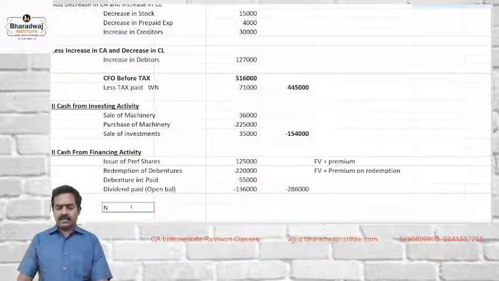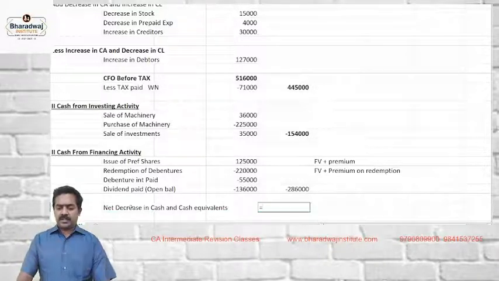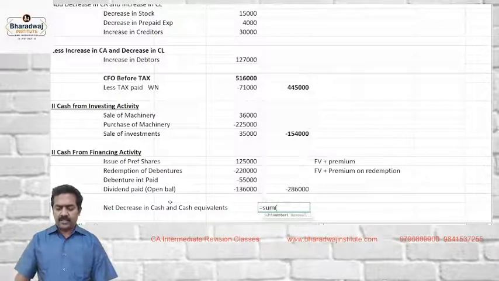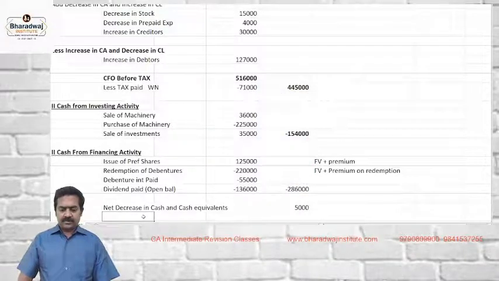Increase or decrease? Ensure that we have completed all the adjustments. I'm just relying on you and going ahead. Let it be an increase.